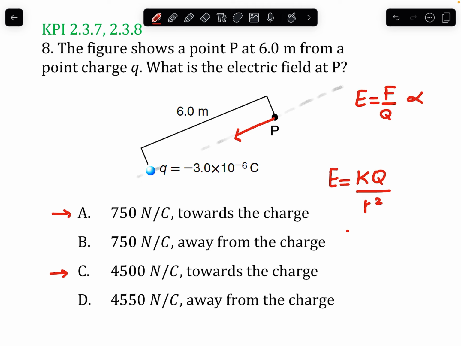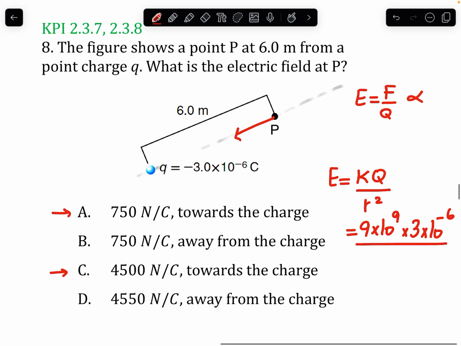So it is 9 times 10 to the power of 9. The charge is 3 times 10 to the power of negative 6, I take the absolute value, divided by 6 squared, so it will be 750 Newton per Coulomb, and as we agreed, it is toward the charge.